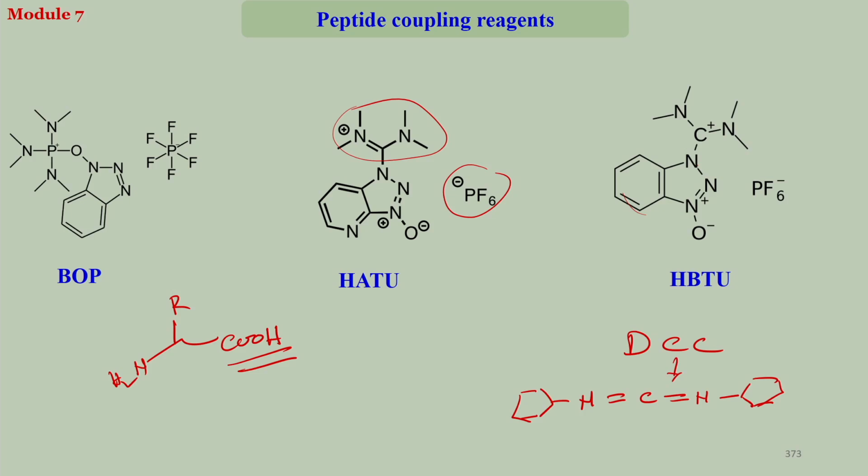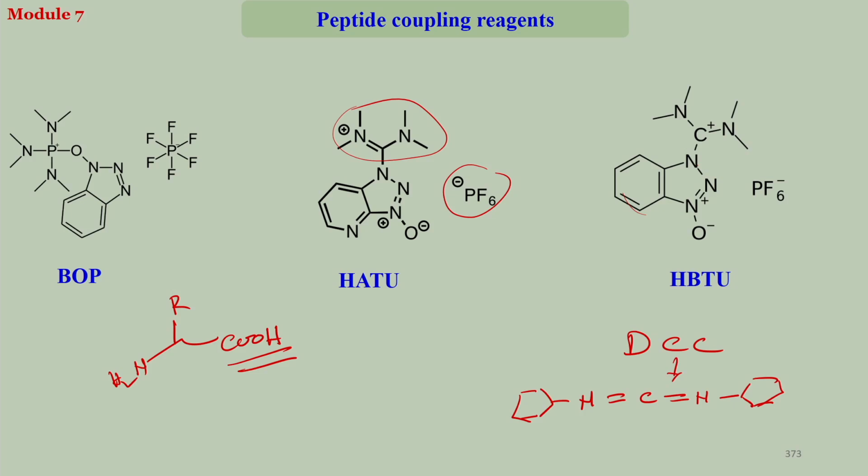So, out of the several coupling reagents, this is one of them, with a simple structure, and then you have BOP, widely used. HATU is very widely used, HBTU is also quite well known and popular.